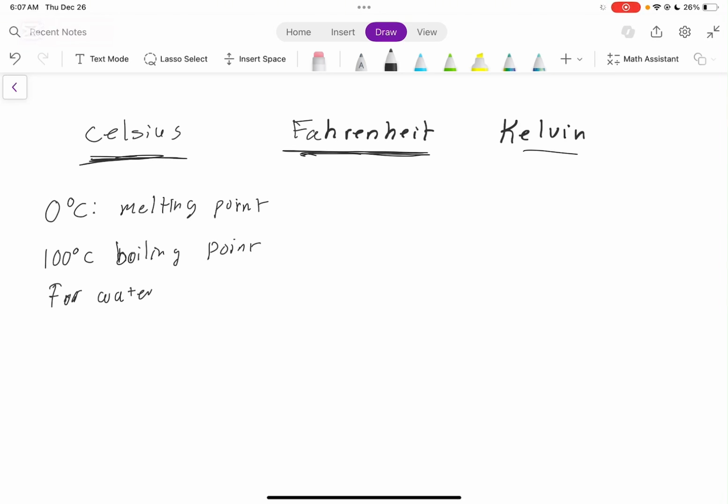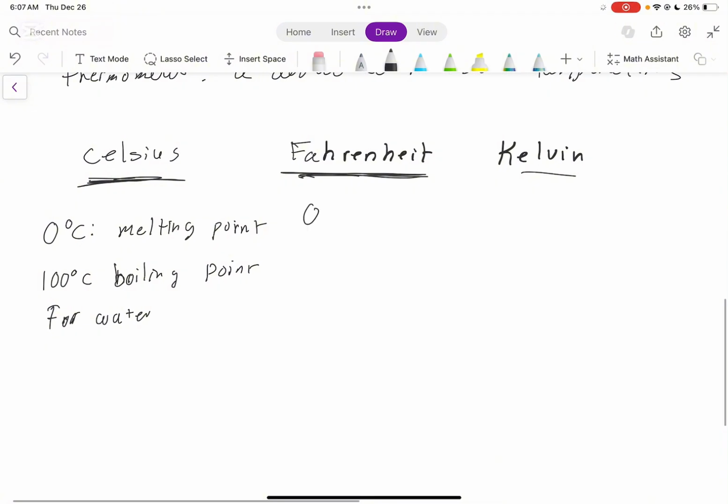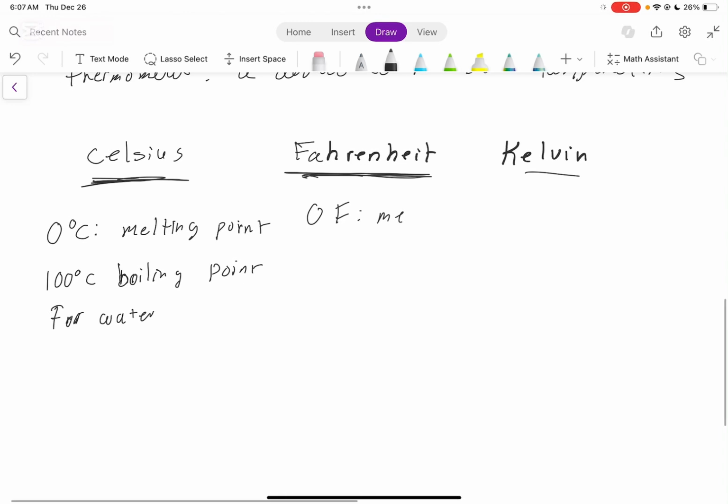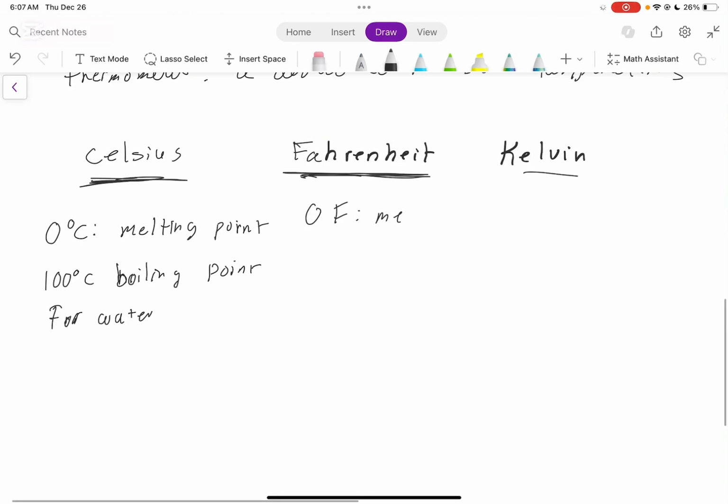For Fahrenheit, 0 Fahrenheit is again the melting point of brine. So you may ask, what is brine? Brine is salt water.